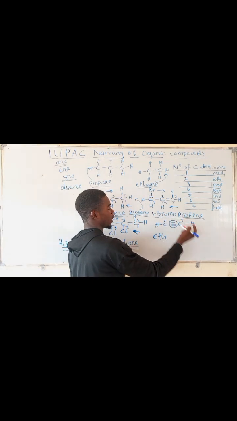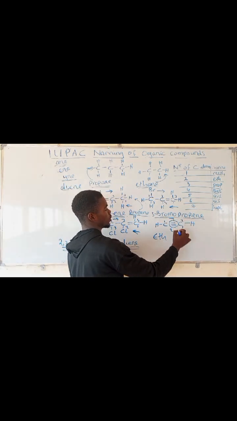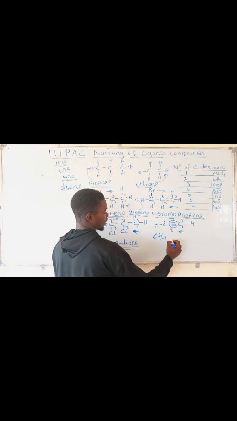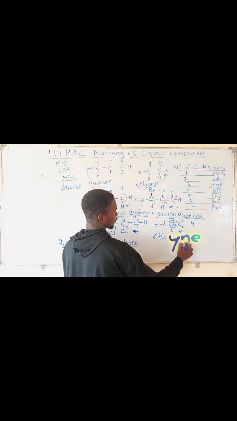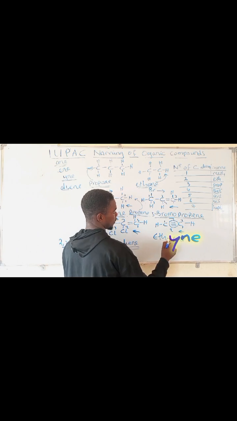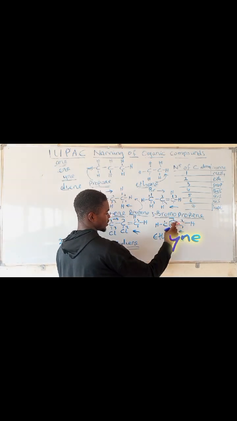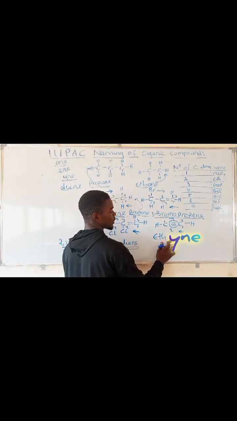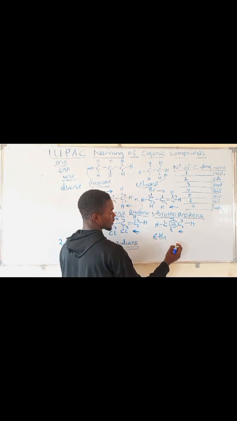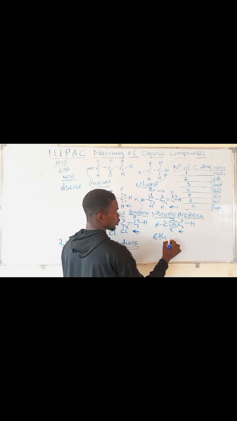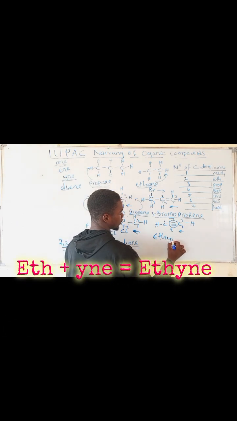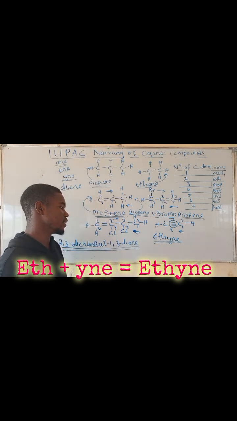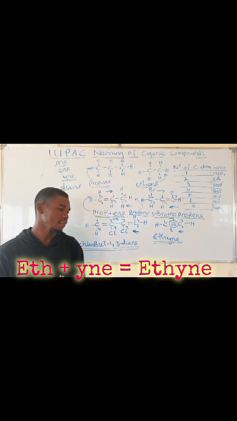In this direction it is at position 1. So we're going to have eth-1-yne. But since this is ethyne, we have those 2 carbon atoms, guys, the 1 is not important. So we can just name it as ethyne. Please, we're going to have ethyne. So this is the name for this compound.